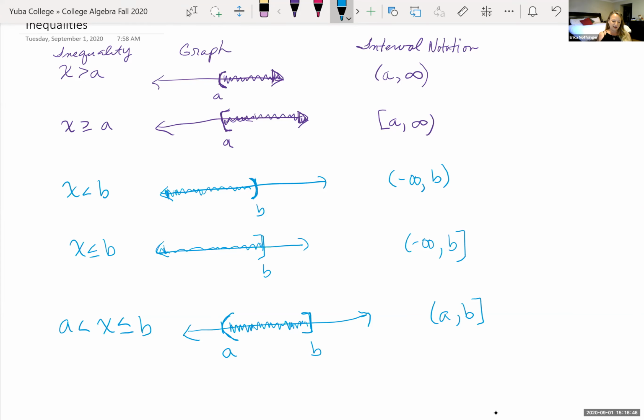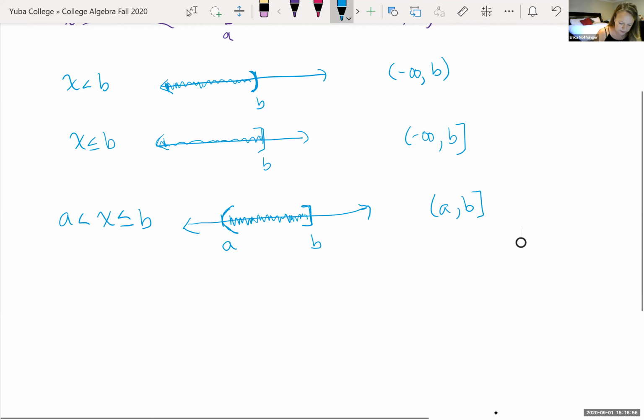And then there are rules for inequalities.